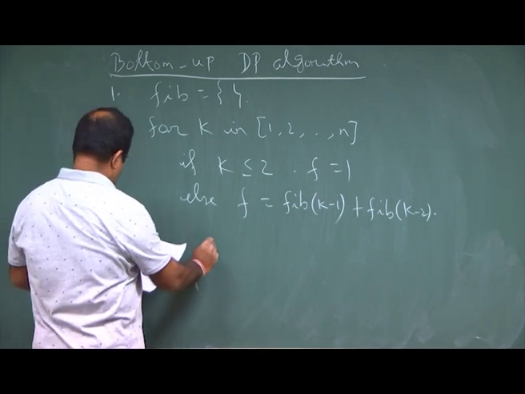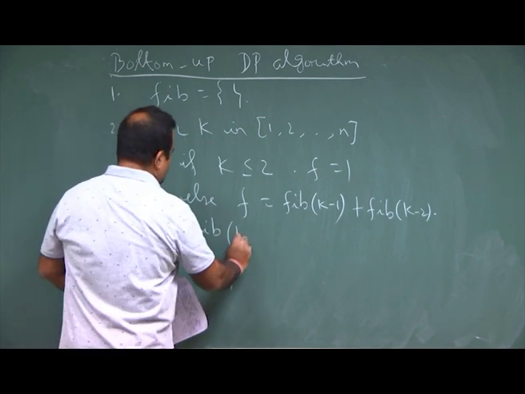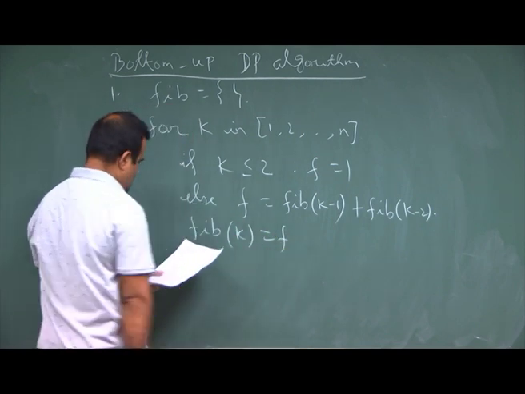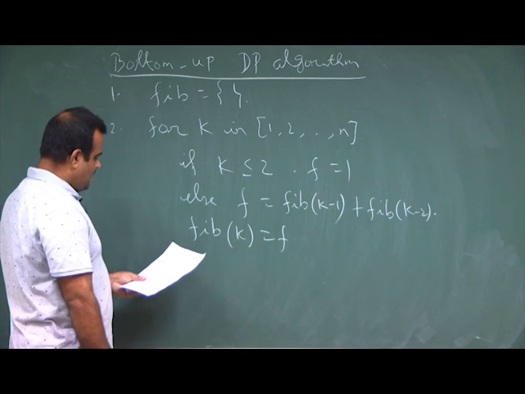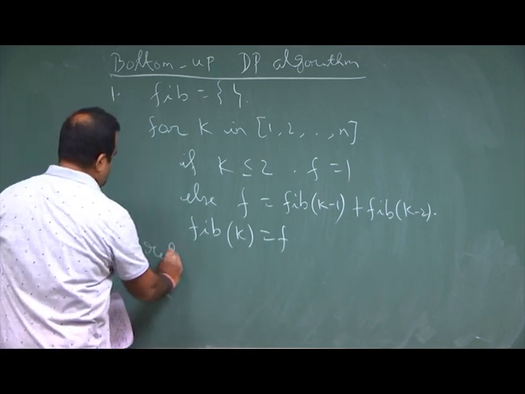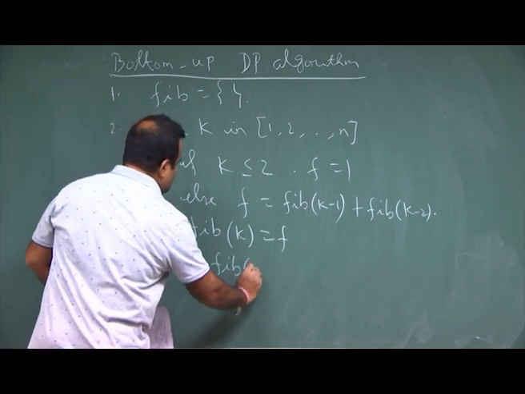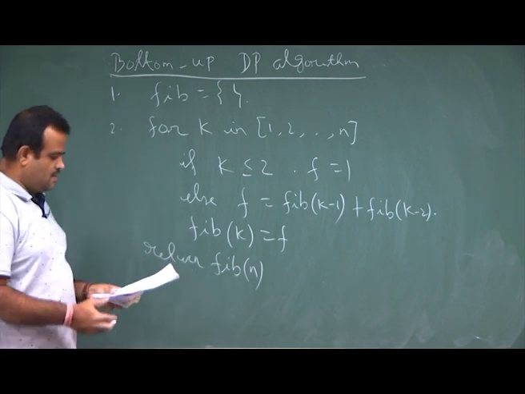And then fib of k is basically f, and we return fib of n.